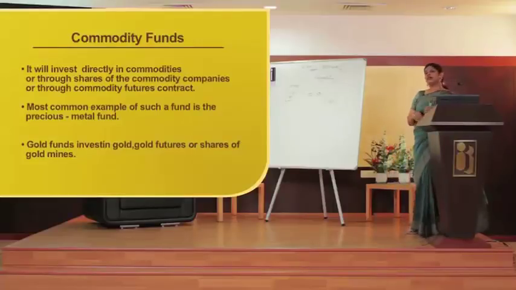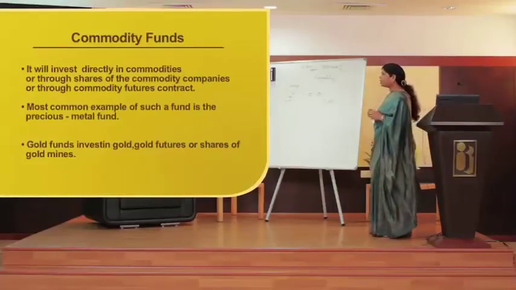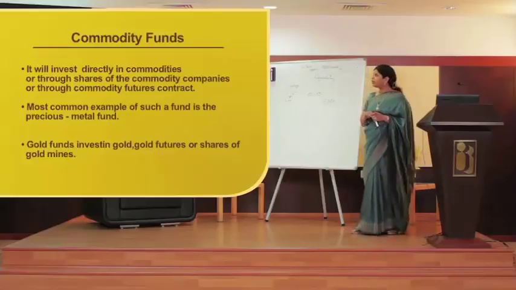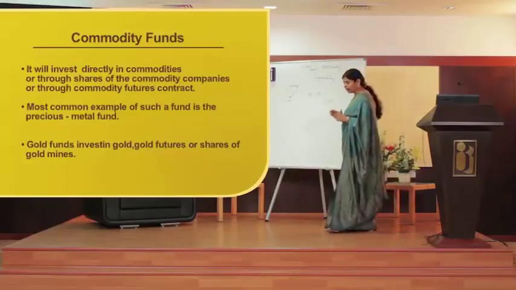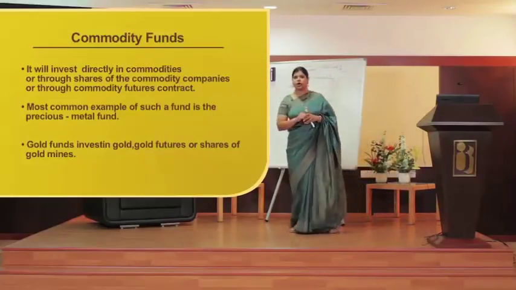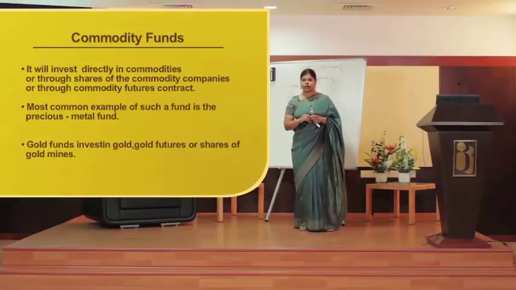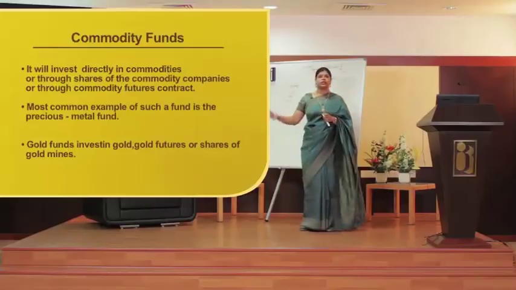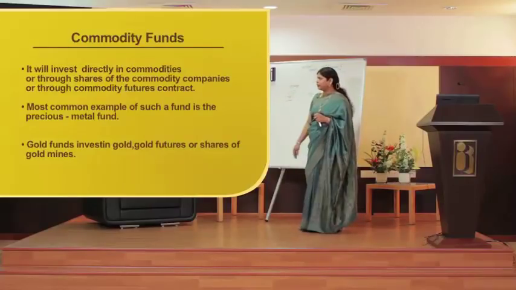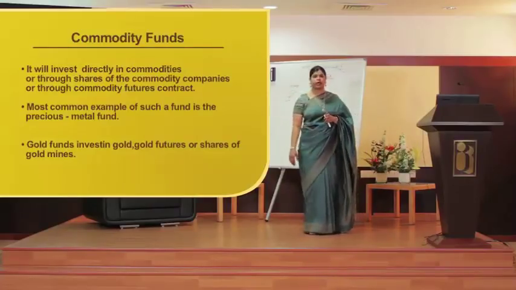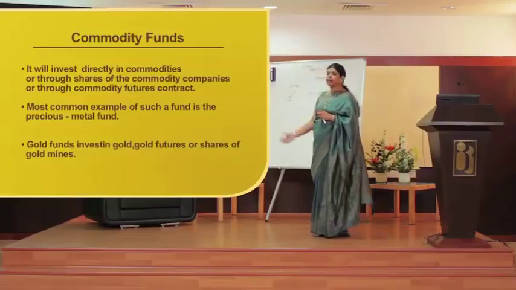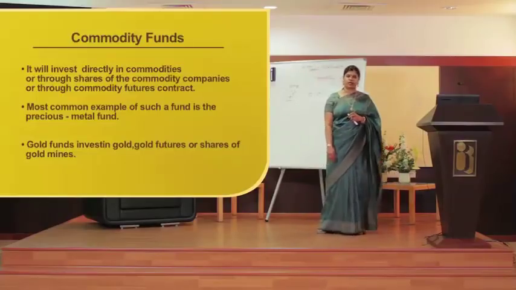Now, there are commodity funds also available. What do commodity funds do? Commodity funds invest directly in commodities or through shares of commodity companies. Companies that are in the commodity business, the investment is routed into those companies. That is the reason they are called commodity funds, or it can be through commodity futures contracts also.